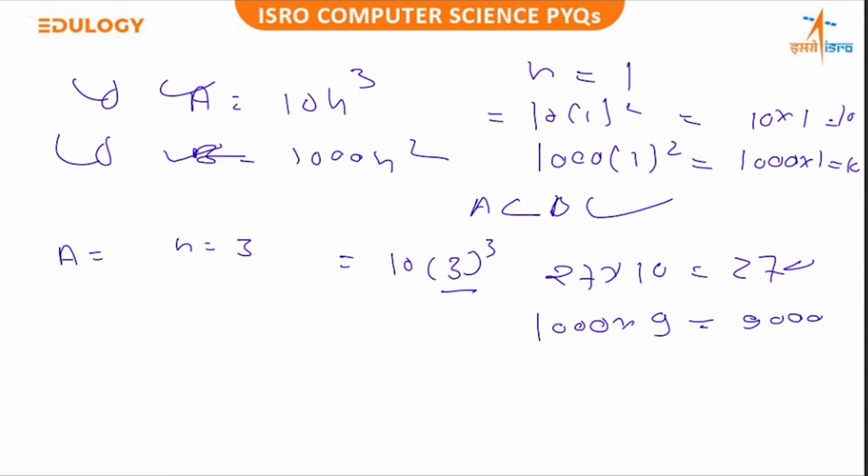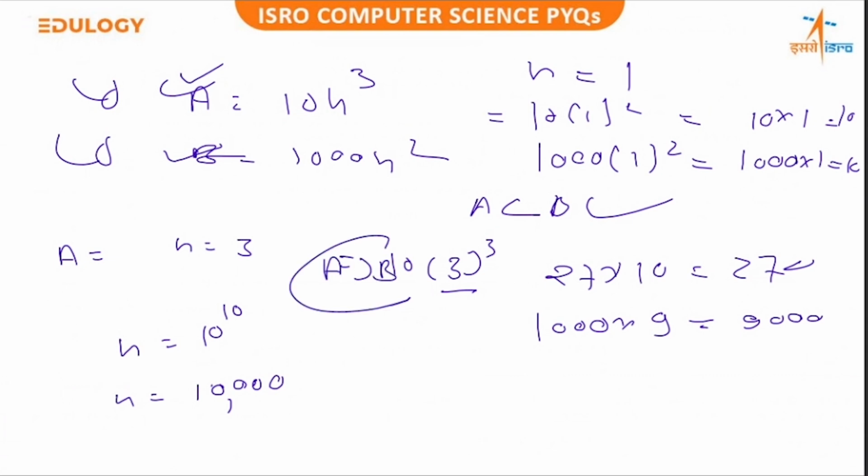But what if I talk about n equal to 10,000? Now put it in and see what you get. A is greater than B. Now you will get why this happened. This is a cubic function and this is a quadratic function.